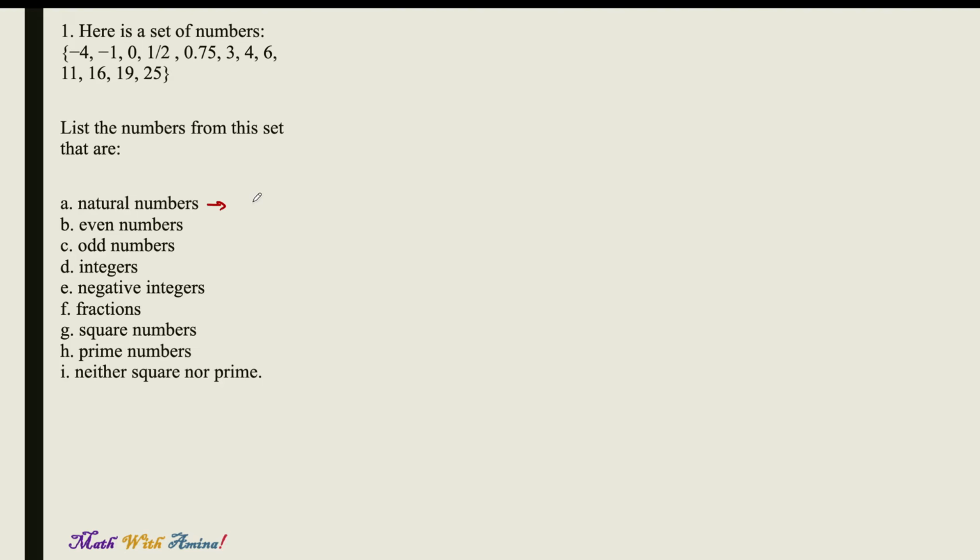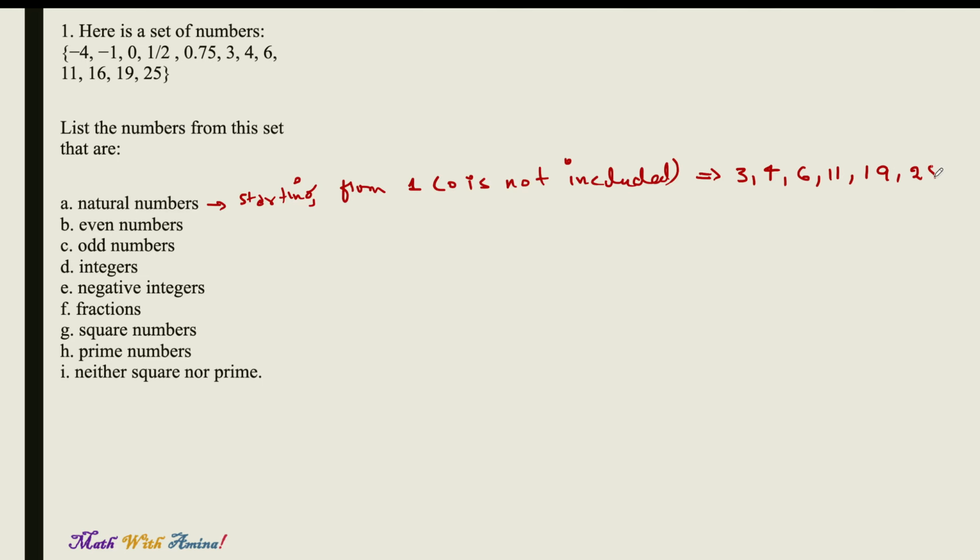So from the set, the numbers we can include as natural numbers are 3, 4, 6, 11, 19, and 25. These are all natural numbers.